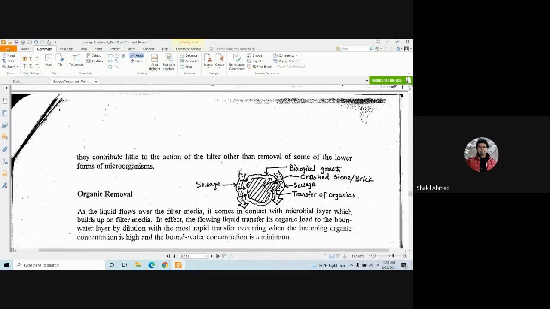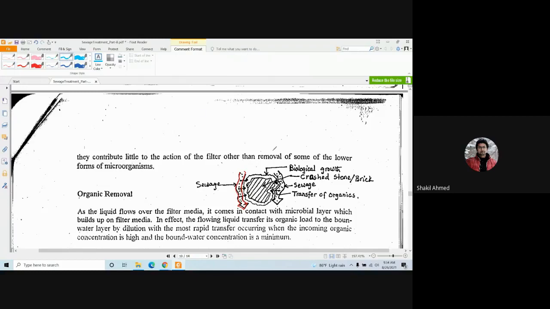This is the sewage that is percolating through the pores of the filter media. Now sewage contains what? BOD, organic matter. Am I right? This organic matter is food for microorganisms. So as a result, the microorganisms will grow on the surface of the stone. This is the layer of microorganisms.